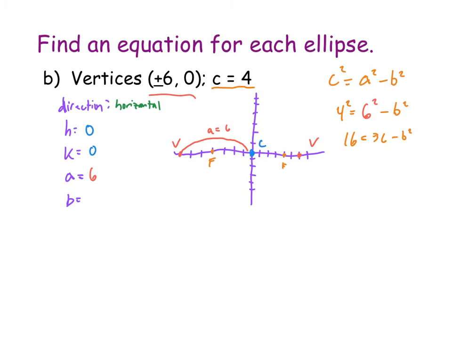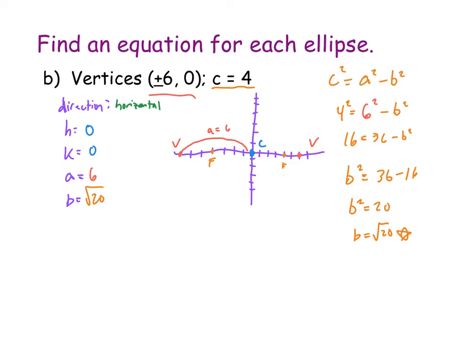So we're going to switch the 16 and the b squared around, so that would be b squared equals 36 minus 16. So b squared is 20. So that means b is the square root of 20. Now the other day we did a problem like this and we simplified or reduced that radical down and then found out later that we kind of wasted our time doing that. So if we just leave it in this form here, we'll be good enough to go.